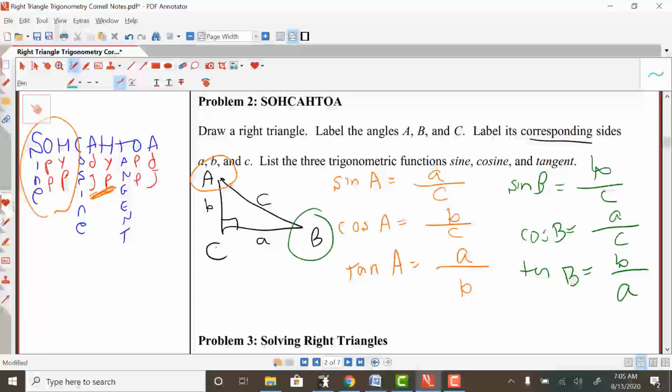Trigonometry is what we call very cyclic, meaning that it repeats itself, and there's a reason for that. But you'll notice some patterns very quickly. You'll notice, for example, that these two are switched, right? Here's B over C, here's B over C. These two are switched, A over C, A over C. And you notice that these are actually reciprocals of each other.